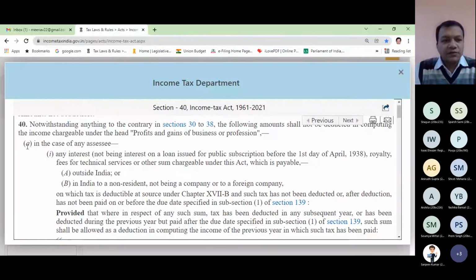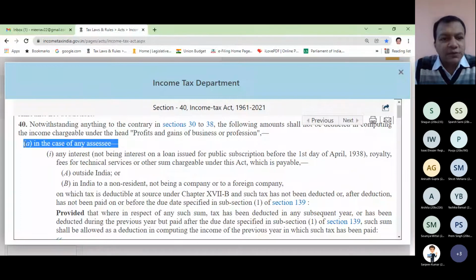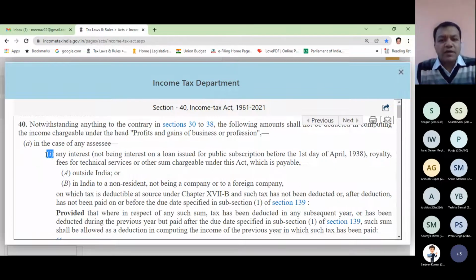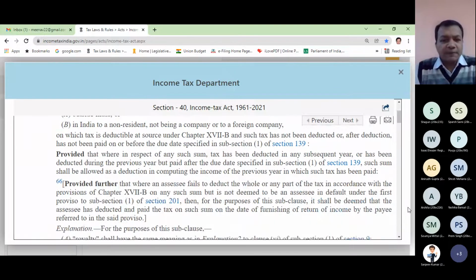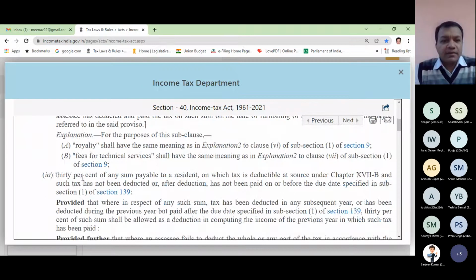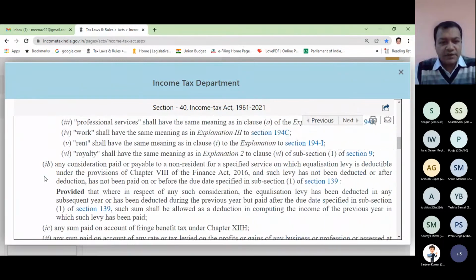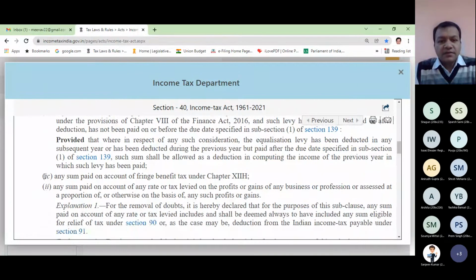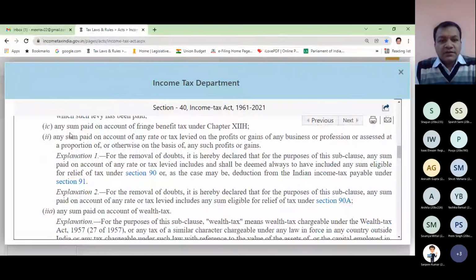This is section 40 clause A. I have covered in the last lecture only subclause 1, but now there are so many subclauses. You can see another subclause 1A, then this we have to do, then subclause 2 we have to do.